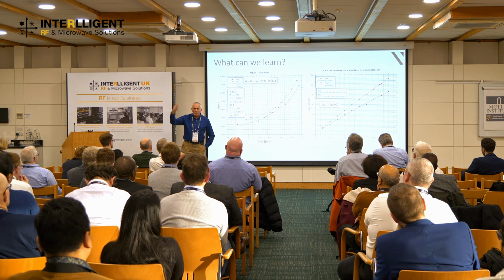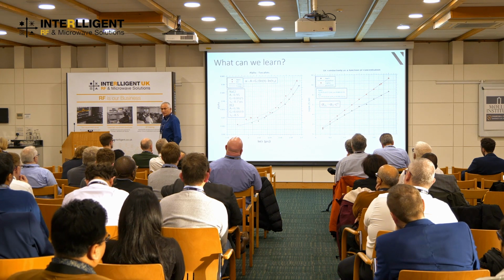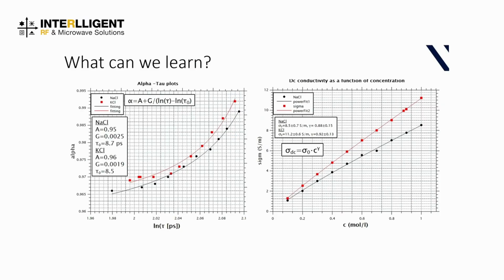So I pulled out all those parameters of those two particular ions. So what? Well, I can see the alpha. They broadly look the same. That's the potassium, that's the sodium.